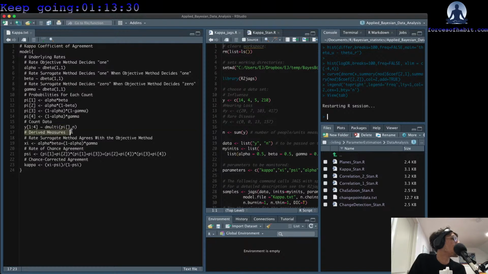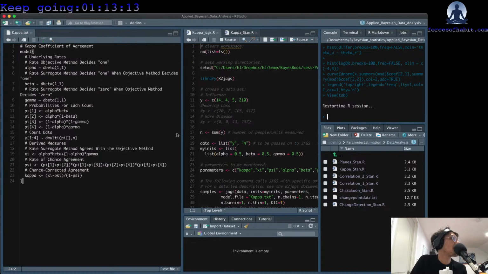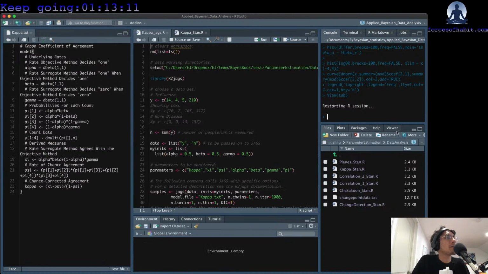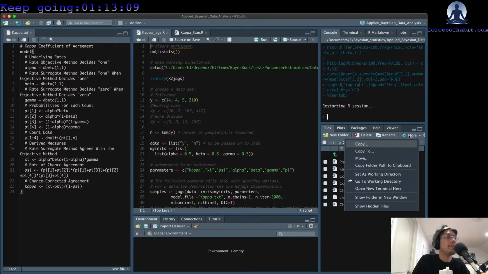Then we're going to specify some of the determined measures, where xi is the observed, this is the expected, and lastly we have kappa. It's pretty straightforward. I'm going to set my working directory.